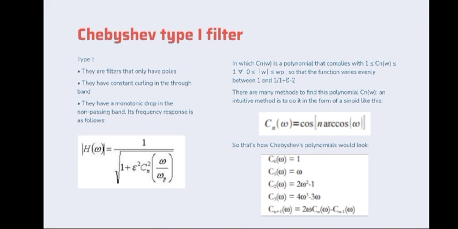There are many methods to define this polynomial. An intuitive method is to write it in the form of a cosine, as shown here. So that's what Chebyshev's polynomials will look like.